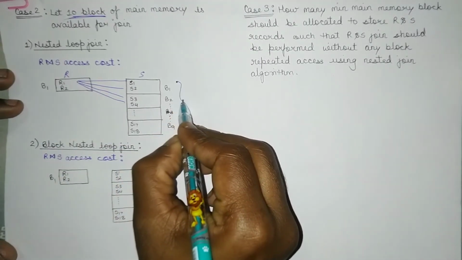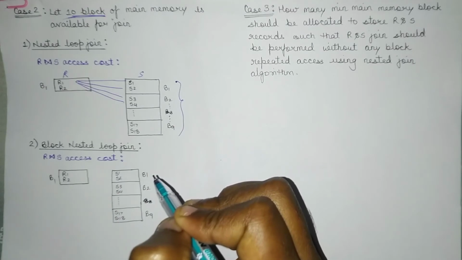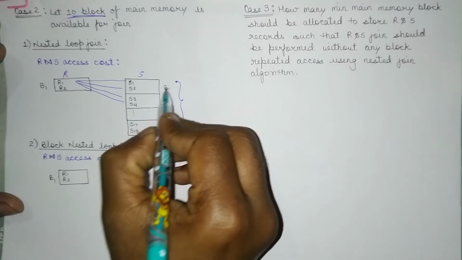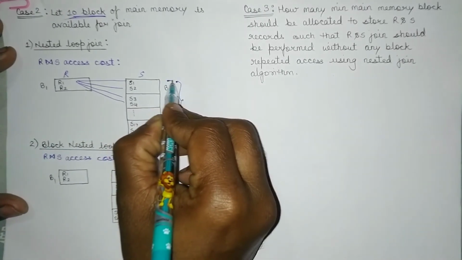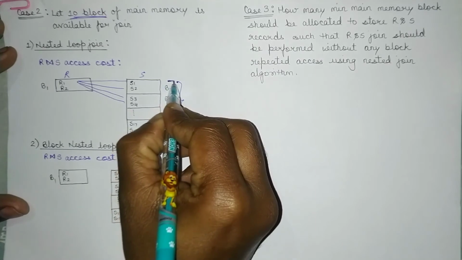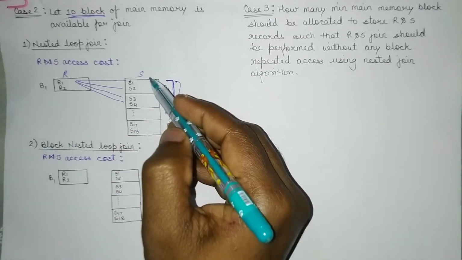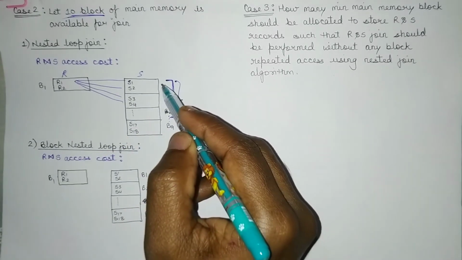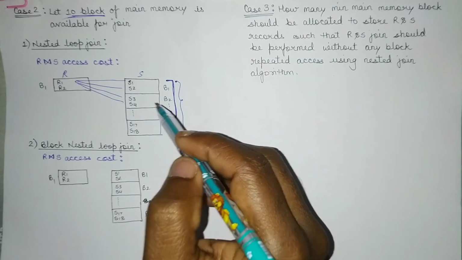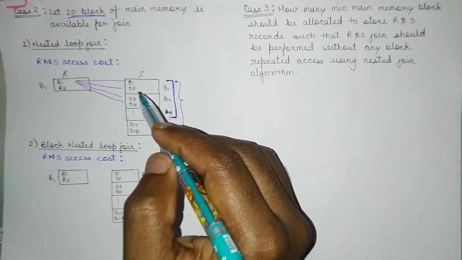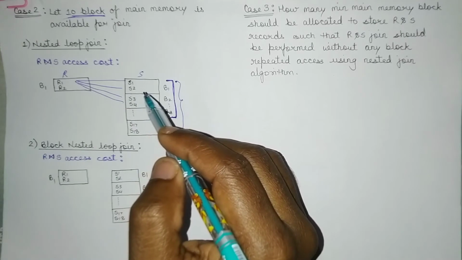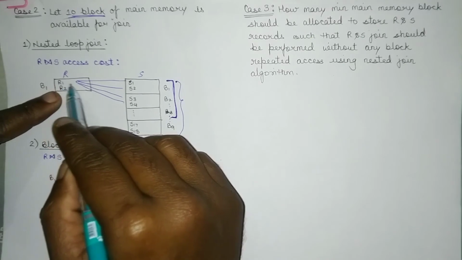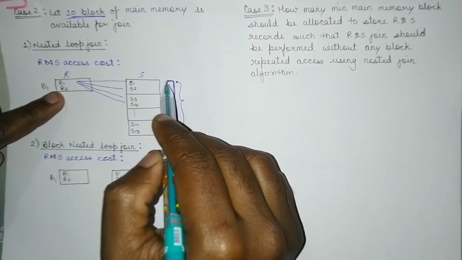So these B1 to B9 are done, and once B1 to B9 are done, what we'll be doing is storing these 8 blocks, because if we completely replace these blocks by B10 to B18, then we have to again insert the new blocks, because of which the access cost will be high. So we are keeping these 8 blocks because every time we get a new record here, we have to start from B1.